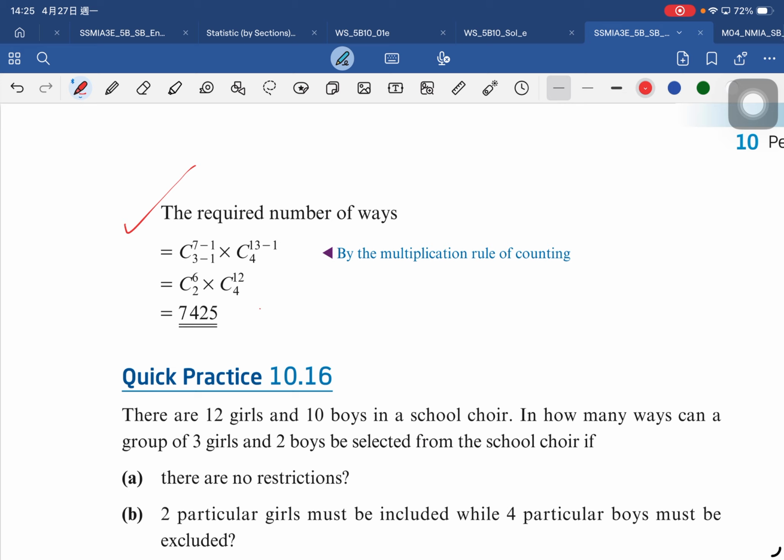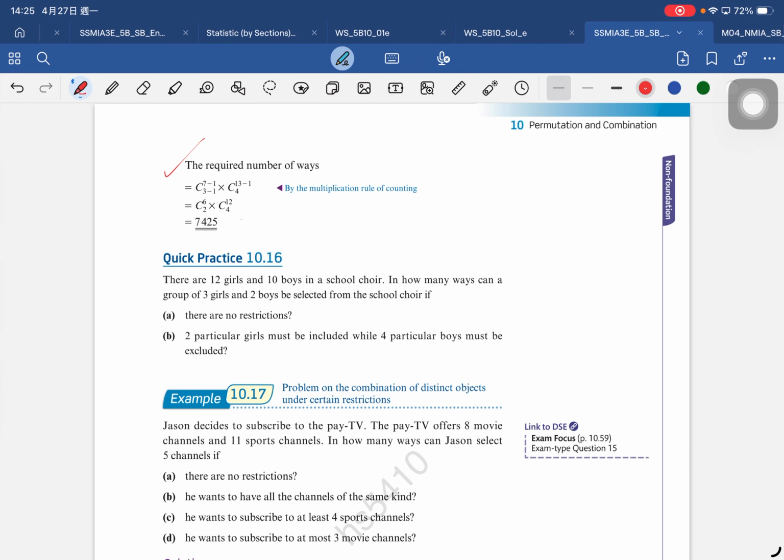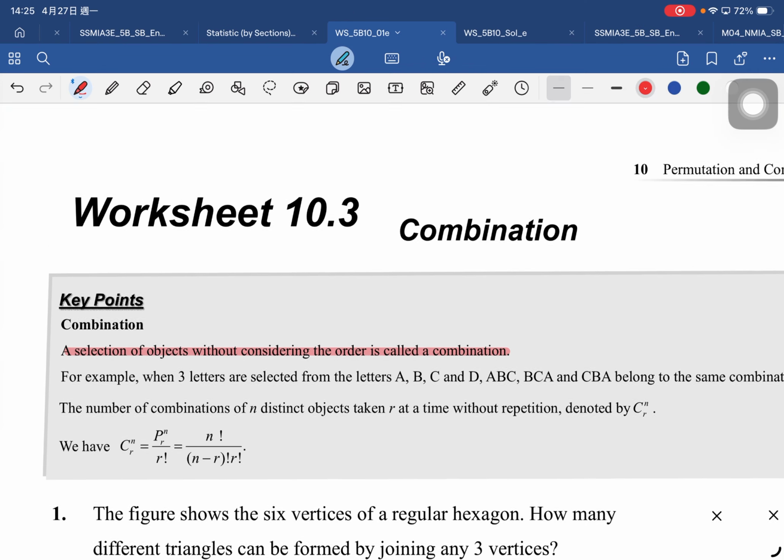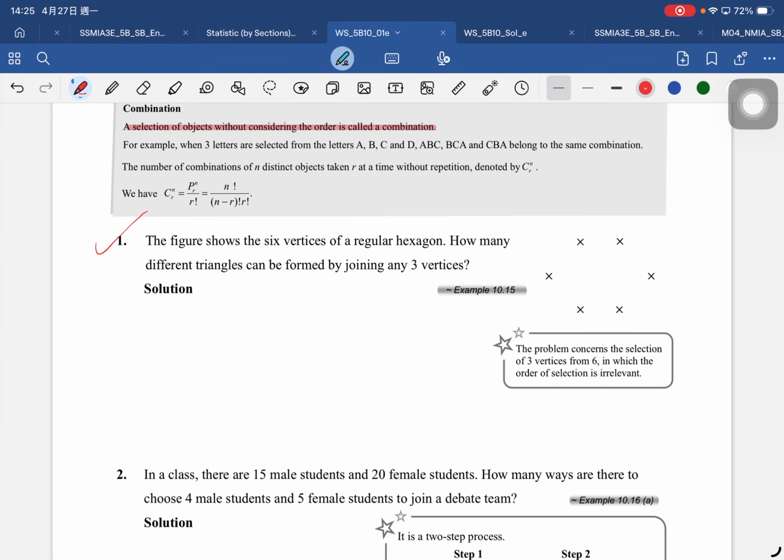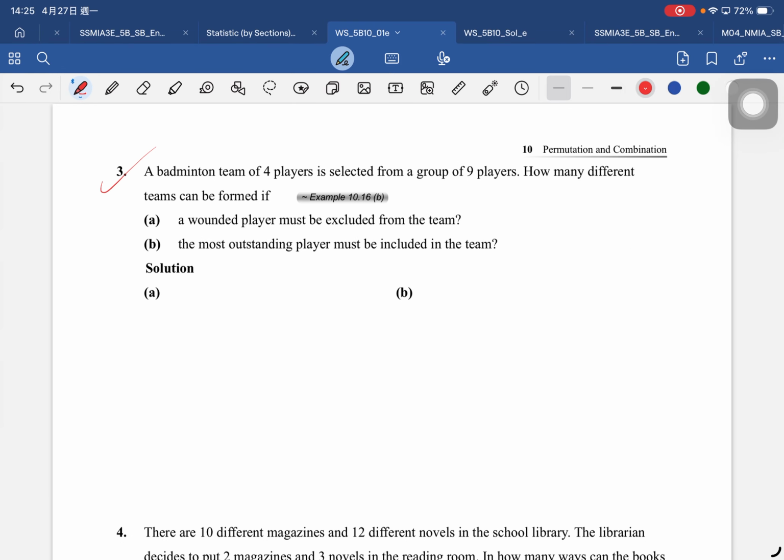Listen carefully. Besides exercise 10B, I would like you to do the worksheet, numbers 1 to 4. These 4 questions. I would like to return the statistics worksheet back to you.